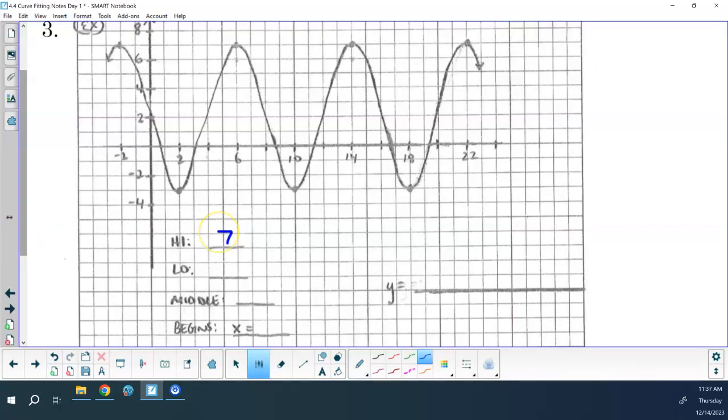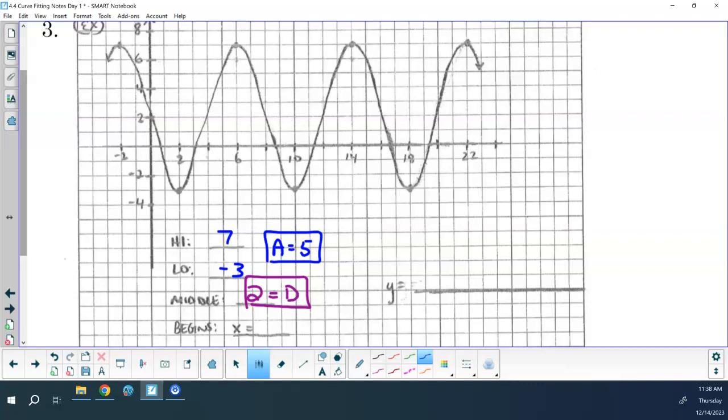So this has a high value of 7, a low value of negative 3, which means that there's a 10 total gap, which means the middle then would be at 2. That's going to be D, which means that my amplitude then is 5. Okay?